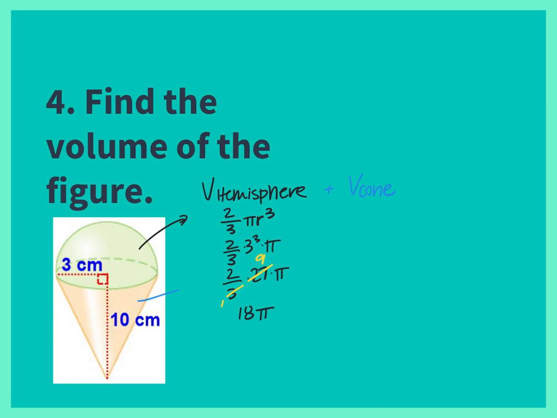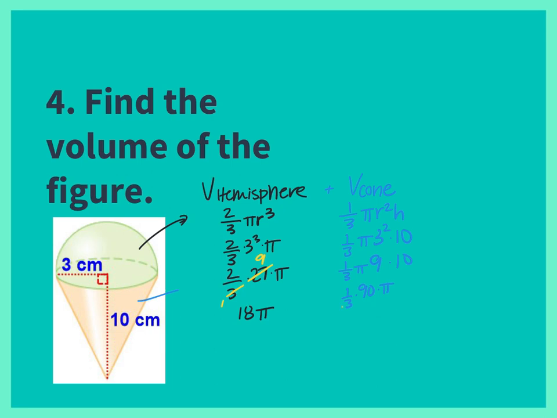The formula for volume of a cone is 1/3 pi r squared h. So we have 1/3 pi. My radius is still 3. 3 squared, the height of the cone is 10. So I have 1/3 pi. 3 squared is 9 times 10. 9 times 10 is 90, so I have 1/3 times 90 times pi.